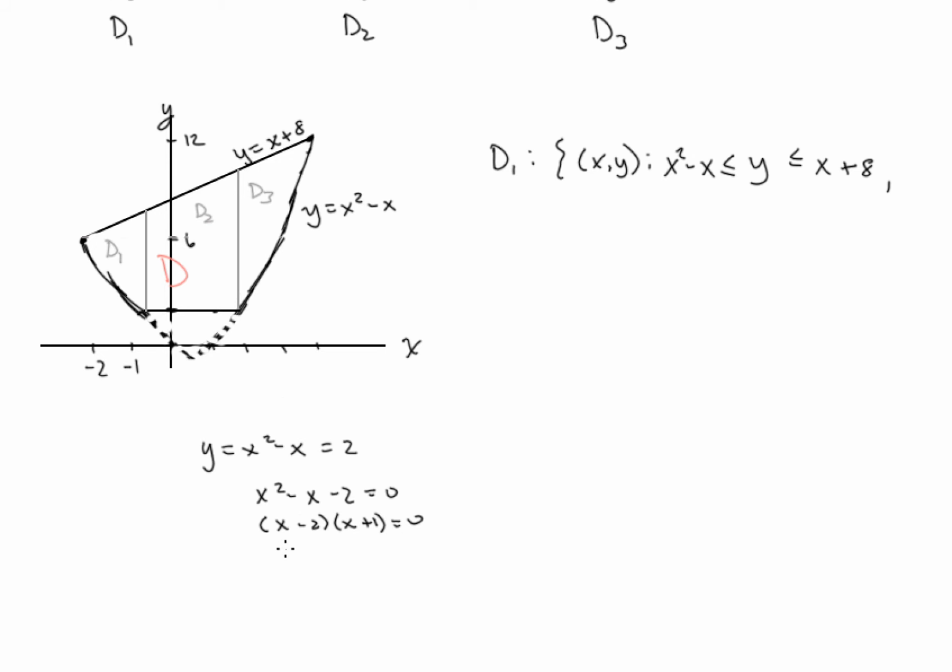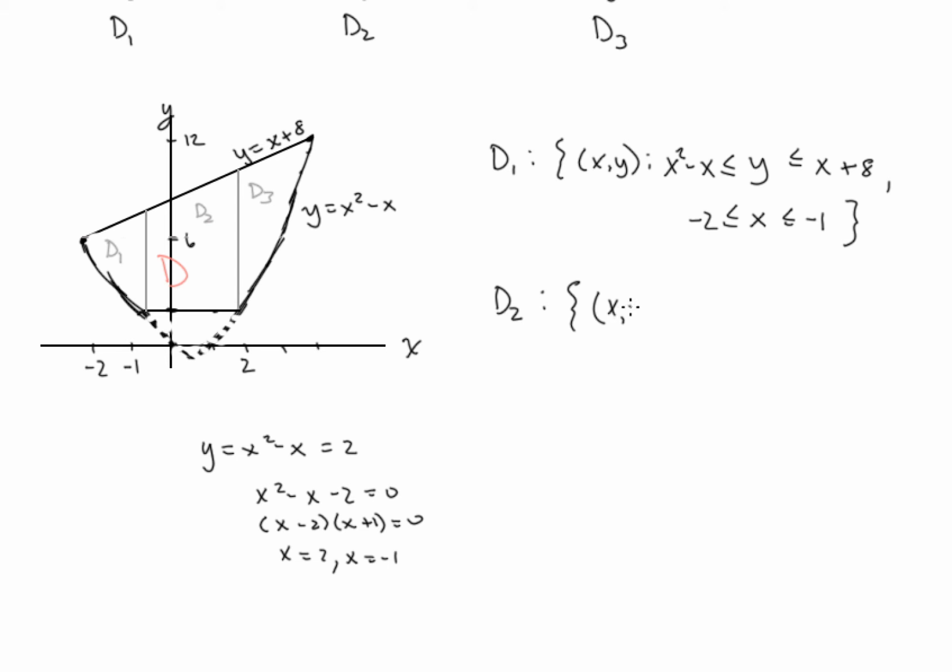And so that's x equals 2, x equals -1. So yes, this point is x equals -1. This point is x equals 2. So here we have x going from -2 to -1. And that describes D1. Y goes between x squared minus x and x plus 8. And x goes from -2 to -1.